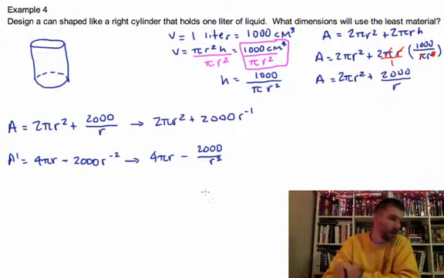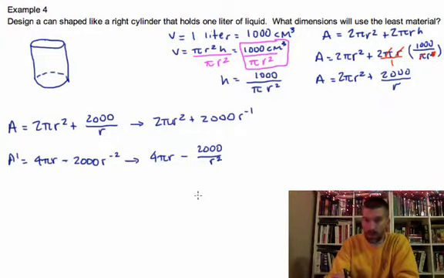Okay, both of those equations are going to be the same. And what we're going to do is just set this guy equal to 0 and solve him out. Set it equal to 0, solve him out.